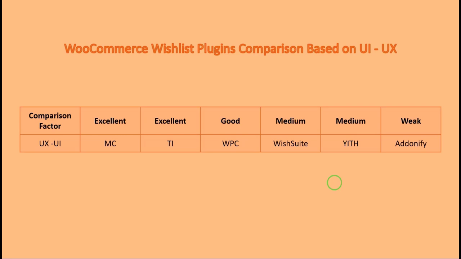And the last one, that is the weakest among all of them, is Addonify. The plugin seems not to have been developed very well, and it has a whole empty tab that says coming soon, and I think the developers aren't focused on this plugin, and they may have been working on other projects.